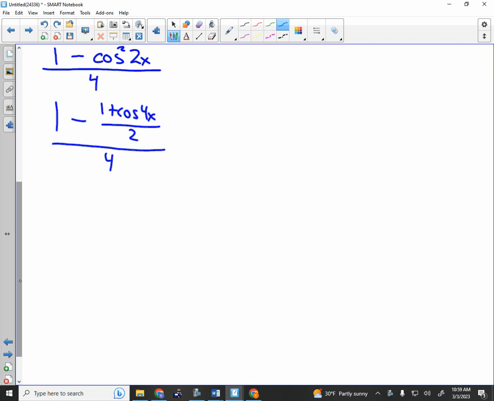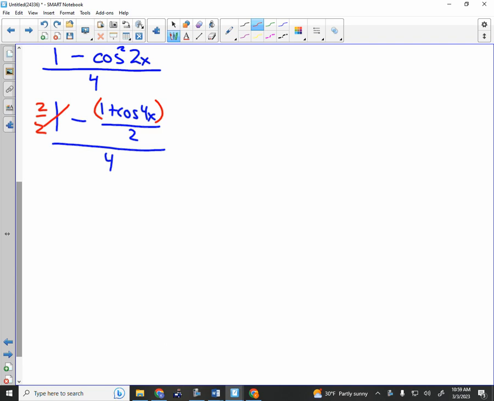Because it's a complex fraction, and you're not allowed to leave a fraction within a fraction. So Trinity says, let's deal with that by creating a common denominator. We're going to put a 2 over 2 here. And I'm going to make sure I distribute the subtraction sign to both the 1 and the cosine of 4x.